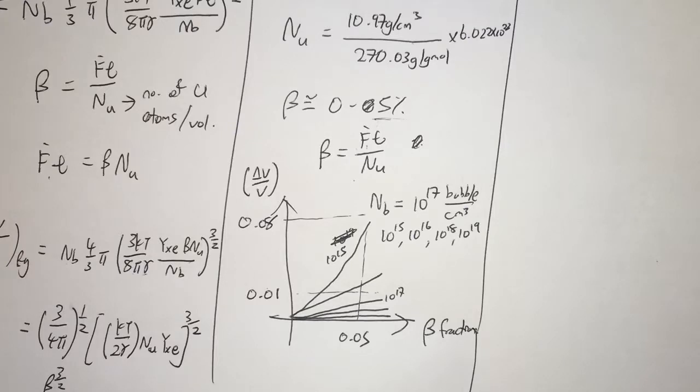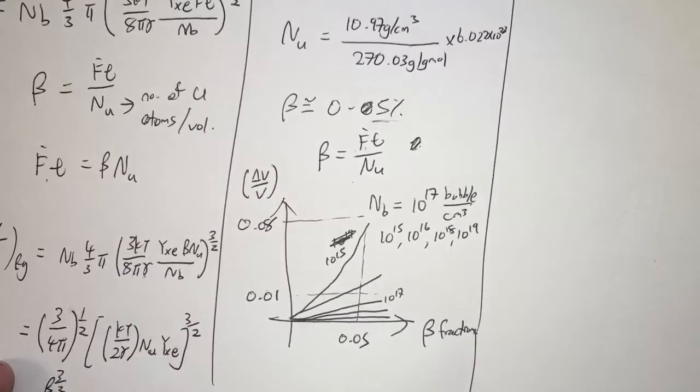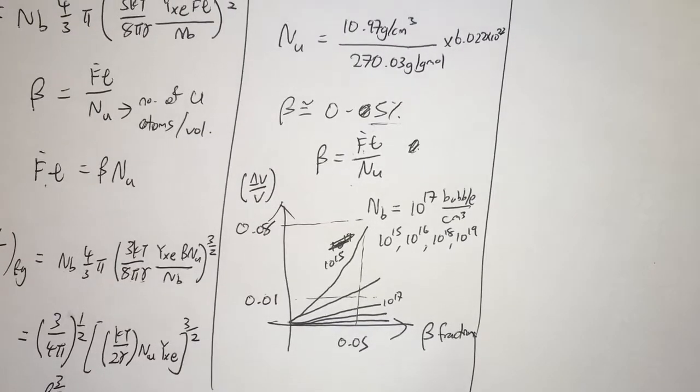Another neat thing is that after a long period of time, the bubble number density doesn't change as new implanted xenon atoms just join existing nucleation sites, causing the bubbles to grow. So NB will stay constant after a while. So that makes it useful because as soon as we get the samples from the reactor, that bubble number density is quite fixed for most of the lifetime of the fuel pellet.